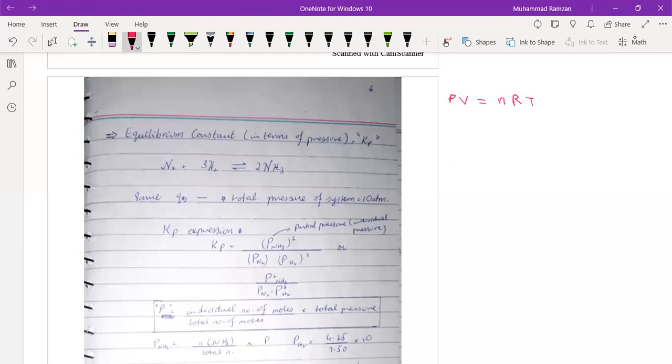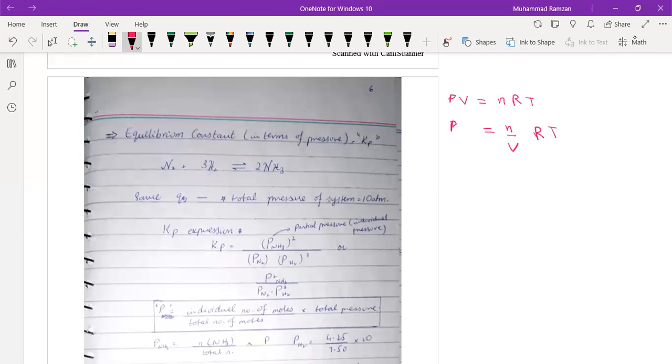Now, if you shift V on the other side, it becomes P equals n over V RT. n means number of moles, V volume.